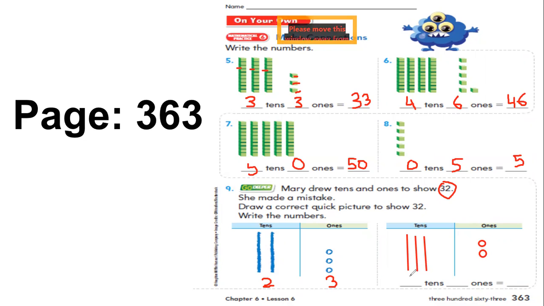Now we have 3 in the tens place and 2 in the ones place. Now the number is 32. Did you all get it, how to do it? She has done a wrong one, so we are going to correct it. That's 32. 3 tens and 2 ones.